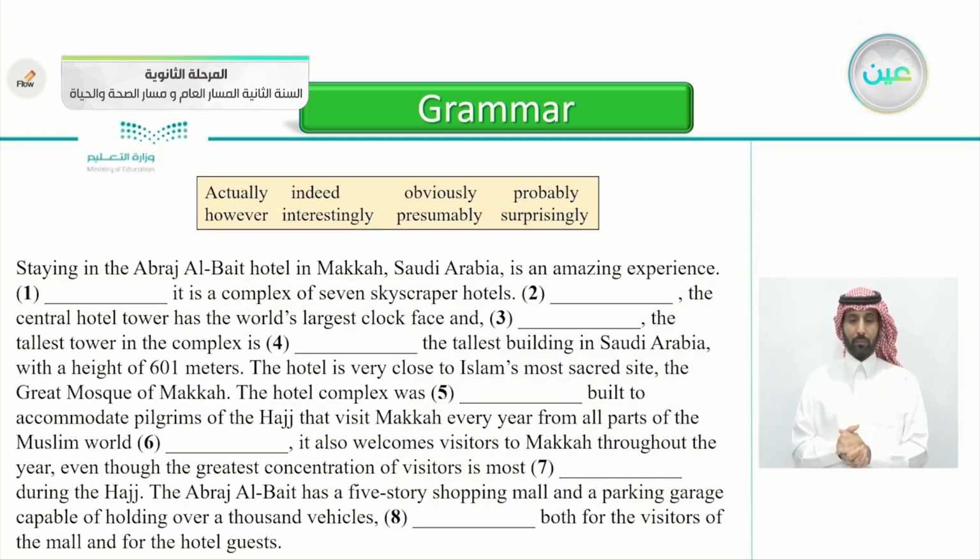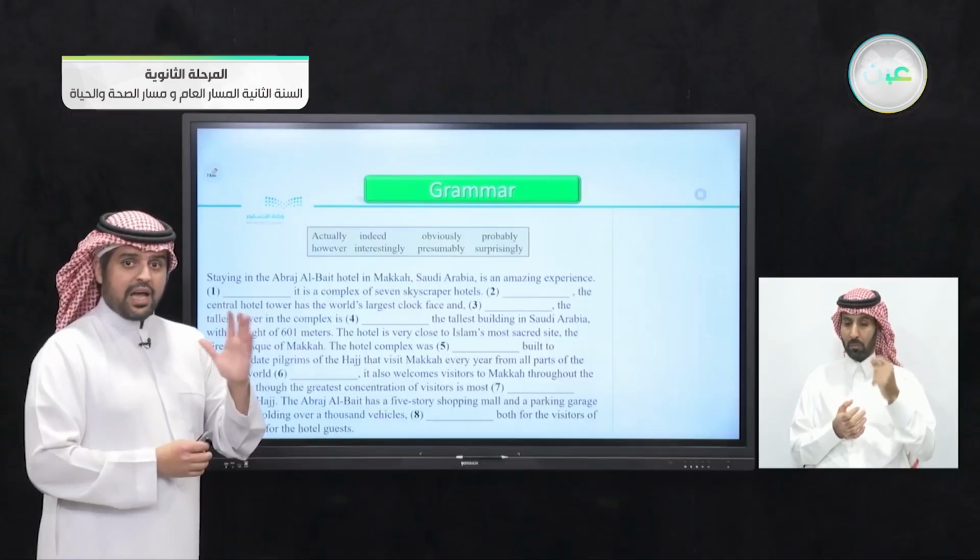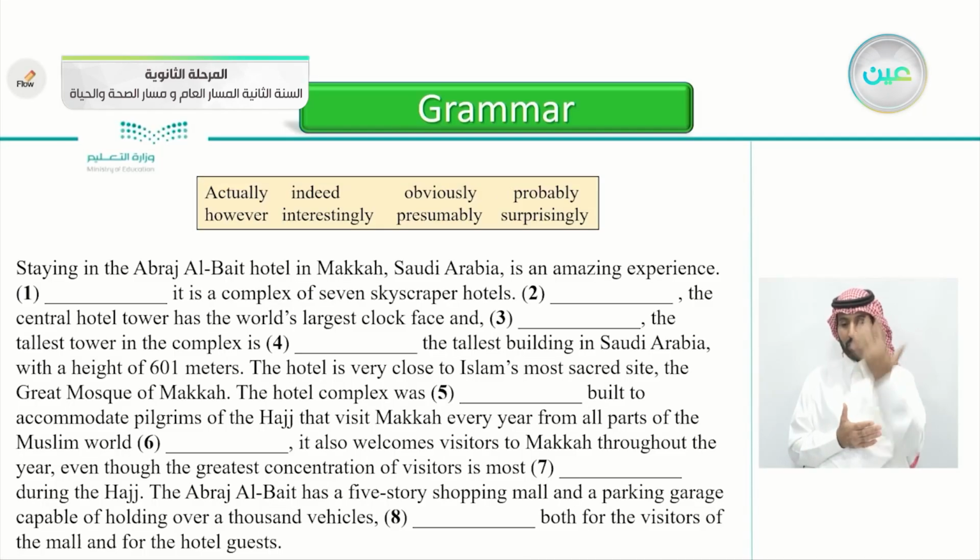Let's read together. Staying in the Abraj Al Bayt Hotel in Mecca, Saudi Arabia, is an amazing experience. It is a complex of 7 skyscraper hotels. The word skyscraper means a very high building. So number 1.